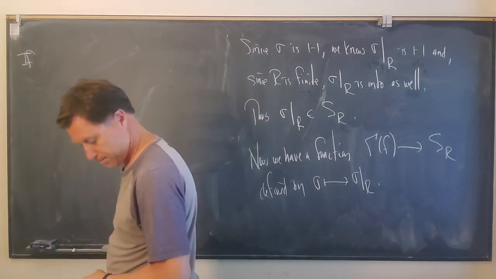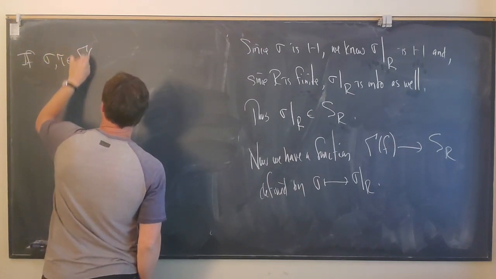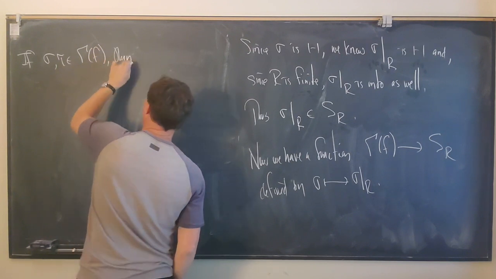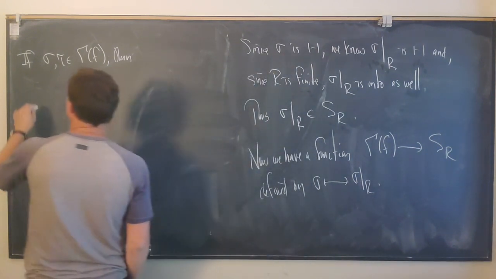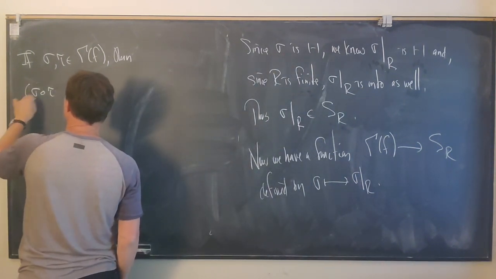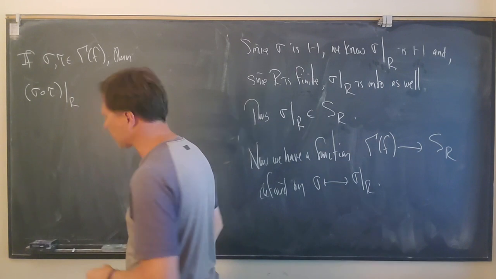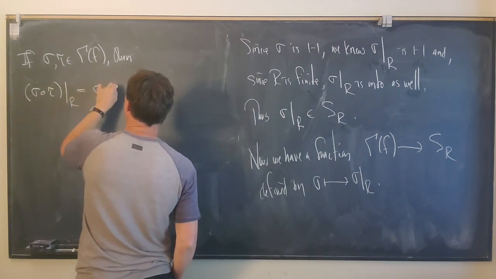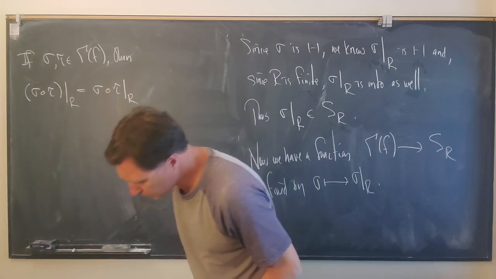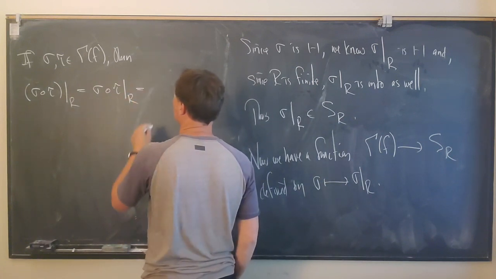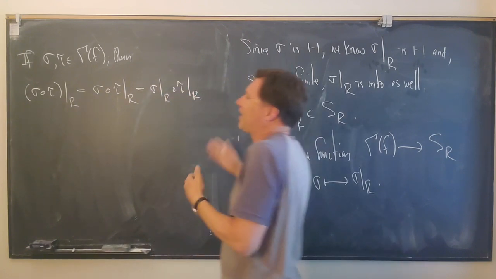So now let's take a couple of elements. I want to show it's a homomorphism. If sigma and tau are in gamma of F, then we look at sigma of tau restricted to R. That's equal to sigma of tau restricted to R, which is equal to sigma restricted to R of tau restricted to R. There's really not any group theory going on here.